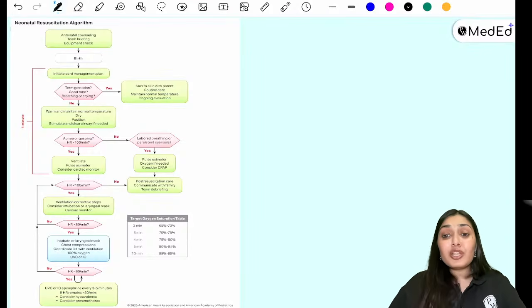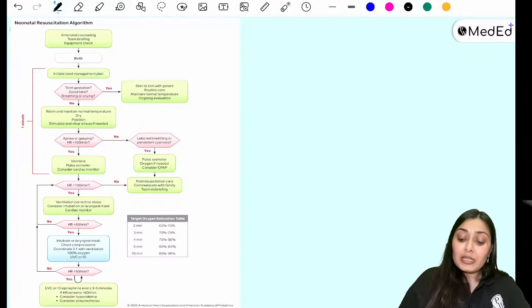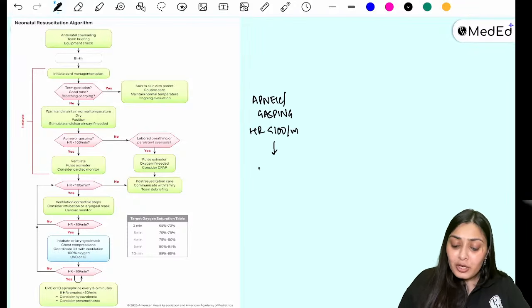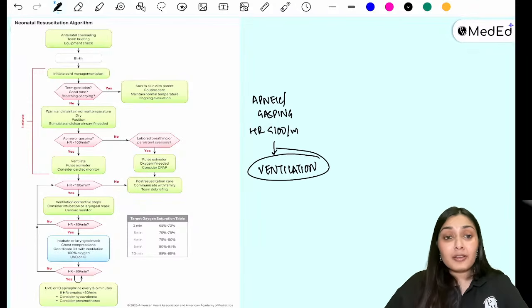And if after the initial steps of resuscitation, the baby is apneic or gasping, or the heart rate is less than 100, you start with positive pressure ventilation, which is now just ventilation as a term in NRP, right?